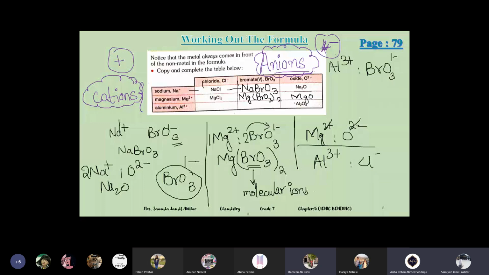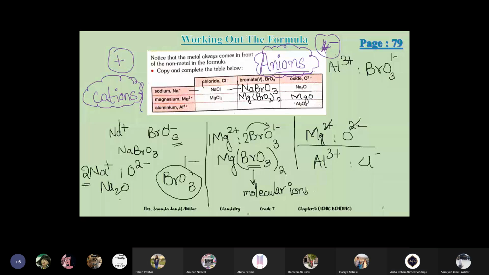Whatever number you write to balance, we will use that number to tell the number of atoms. If you see sodium oxide, if you write number 2 with sodium to balance it, then sodium will become 2. So the formula will be Na2 and 1 oxygen.